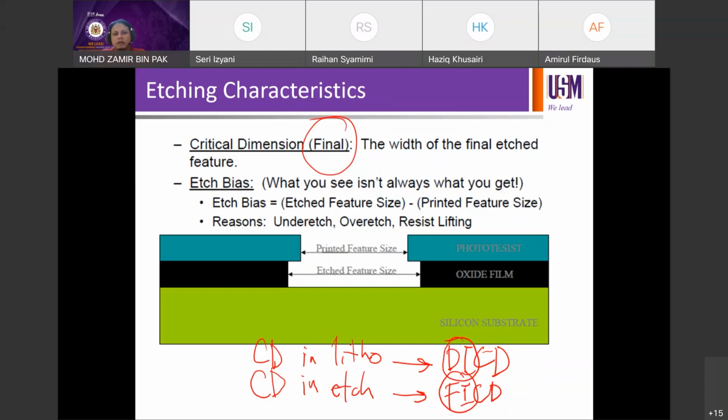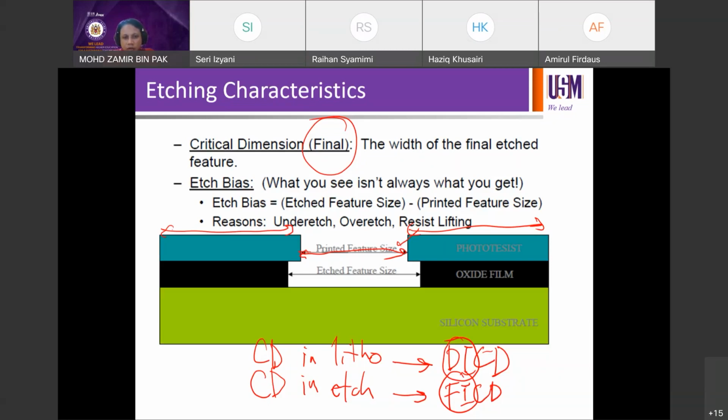Final CD after etch, so critical dimension final, or FICD, is the width of the final etch feature. For example, in this case, say this is your resist on top, that will be your printed feature size. If you're measuring the hole, or if you measure a line, you're going to be measuring this or this for the DICD.